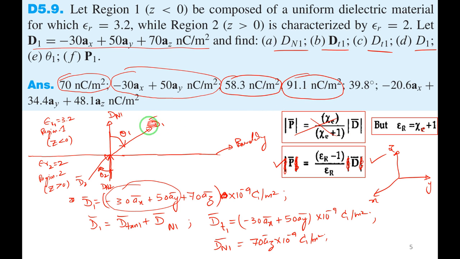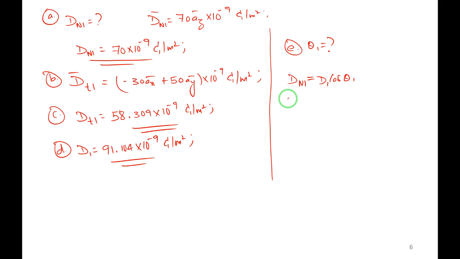Dn1 is 70 into 10 power minus 9, and d1 is 91.104 into 10 power minus 9, times cos theta 1. So find out theta 1.